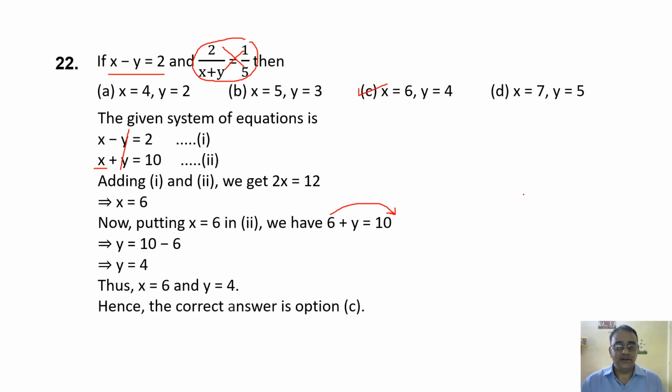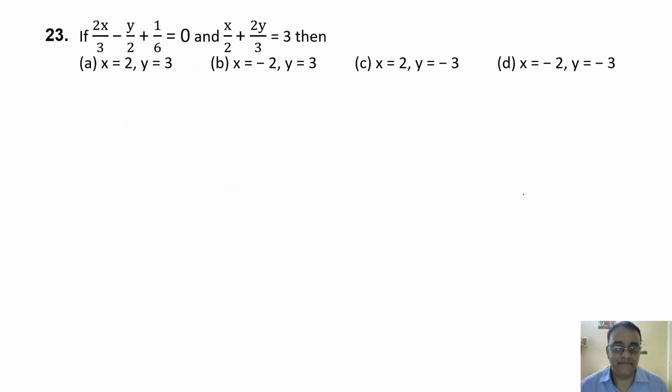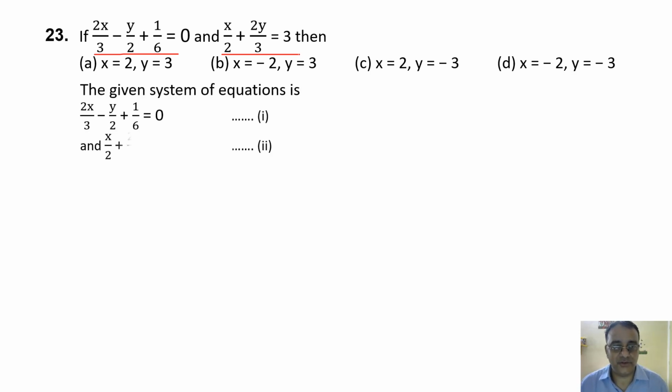Now we are moving towards question number 23. If 2x upon 3 minus y upon 2 plus 1 upon 6 is equal to 0 and x upon 2 plus 2y upon 3 is equal to 3, then, okay, so what we have to do, we have to simplify these two equations. ठीक है, so कैसे simplify करेंगे देखो, पहले तो दोनों equations को लिख लिए, अभी इसमें into 6 कर लो पूरा, दोनों में into 6.